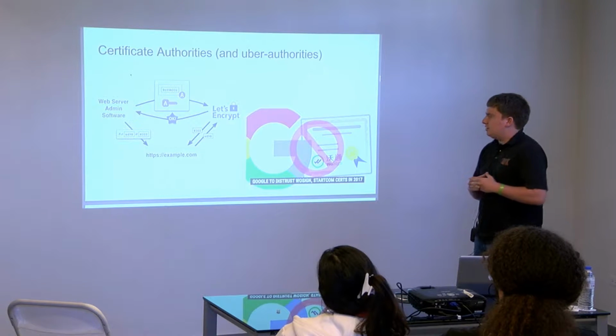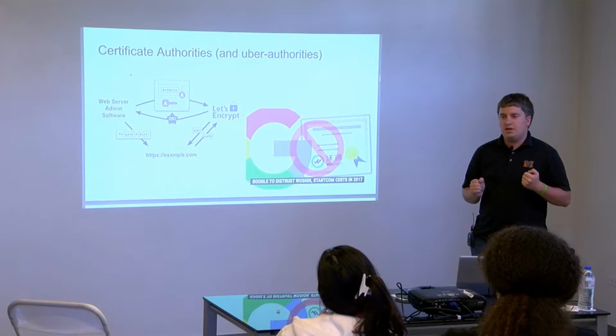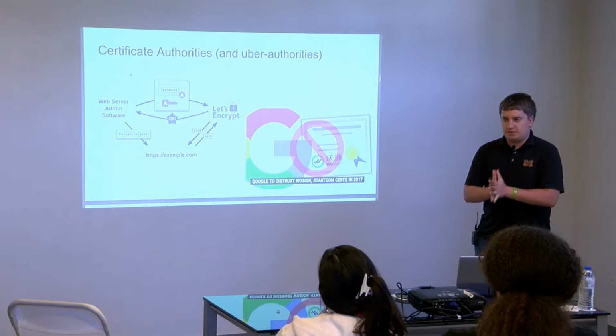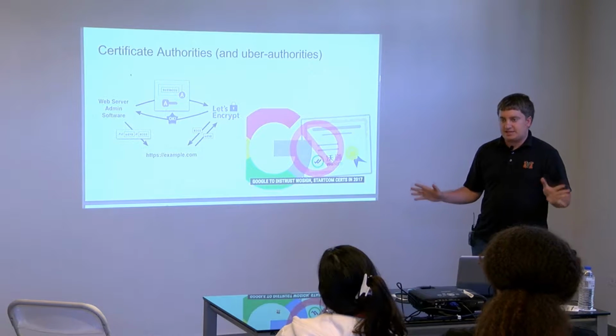Now, you might wonder, who are these other people out there? How do we know? Basically, the problem is that if you have your certificate and you like it, that's great. But all these other certificate authorities are trusted, like an incredible amount.